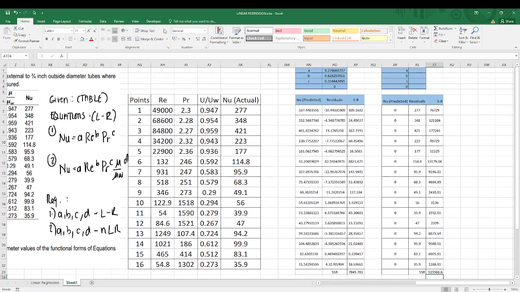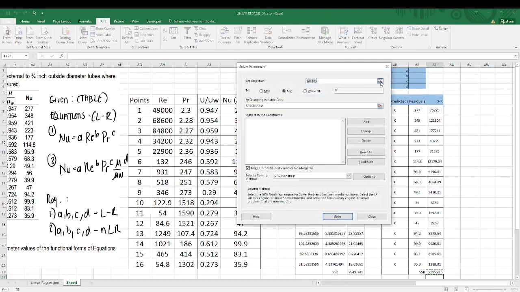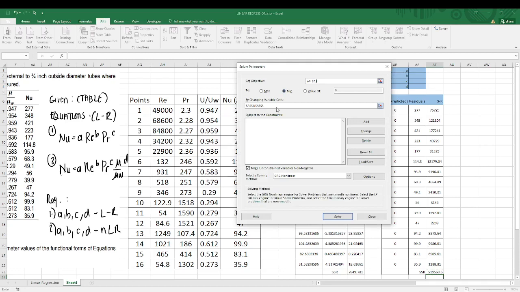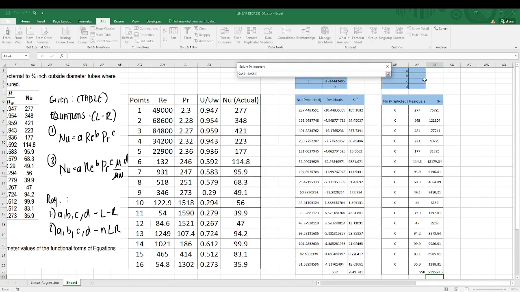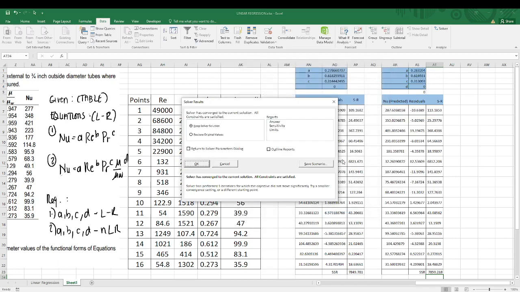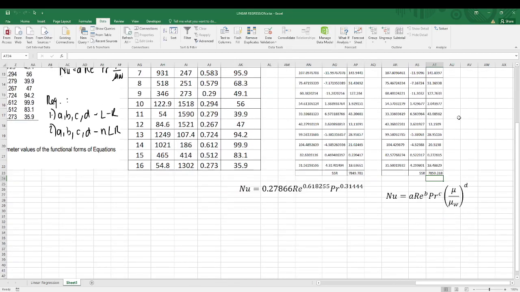And lastly, apply the solver method to set the SSR to minimum by changing the variable cells A, B, C, D. Okay, then solve. So it is still zero, no?